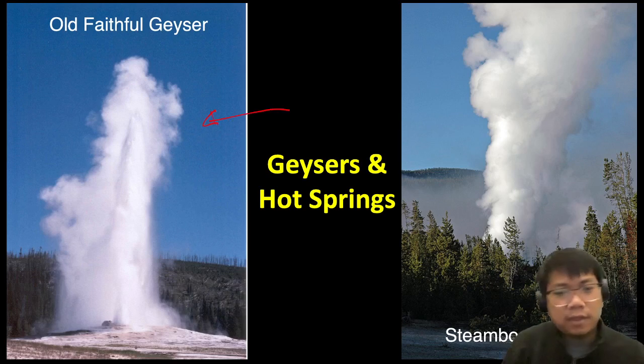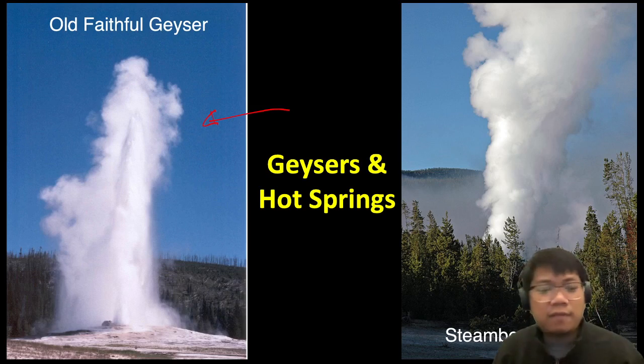These are the geysers: Old Faithful geyser on the left, and Steamboat geyser on the right side of your monitor. These are two of the most famous geysers in Yellowstone.